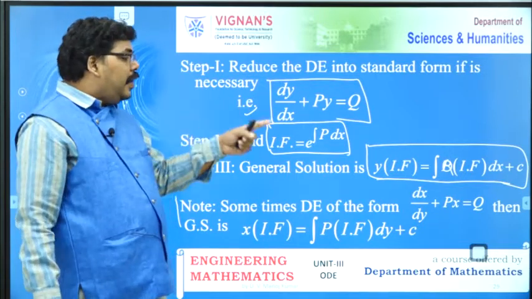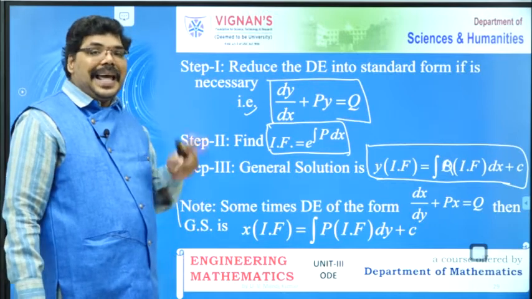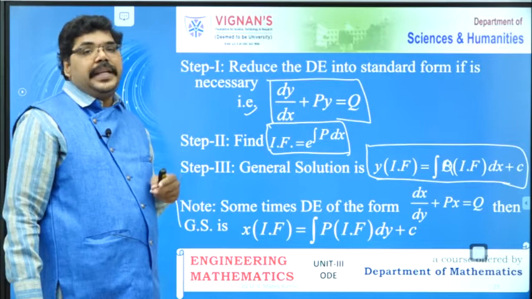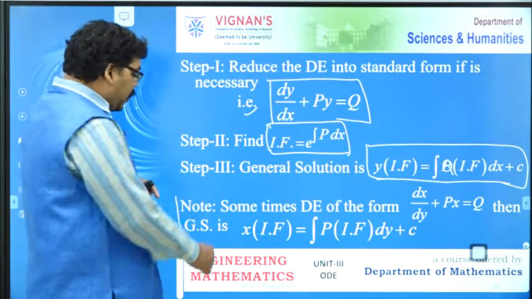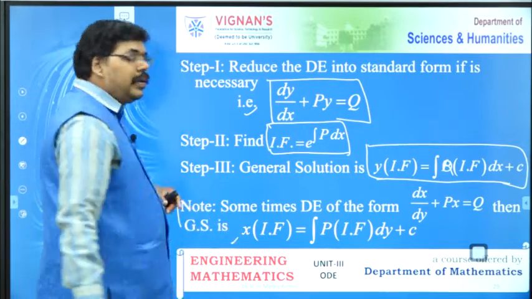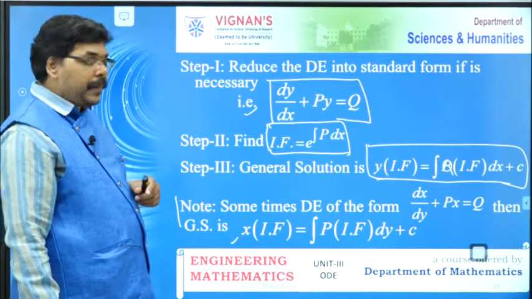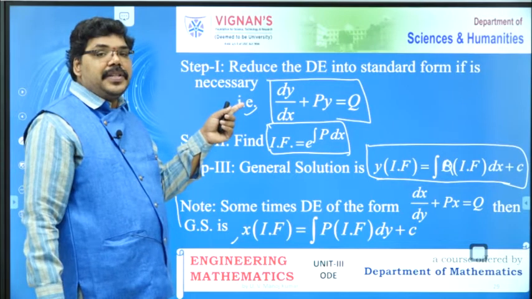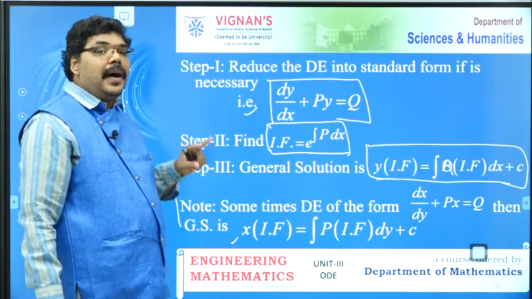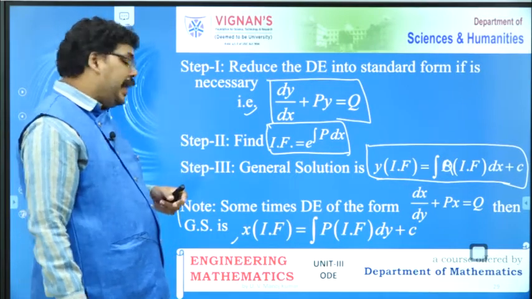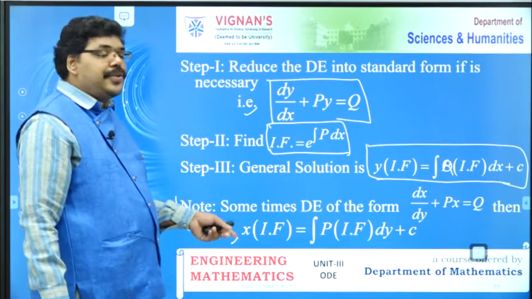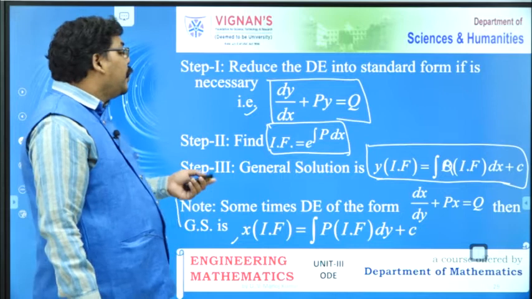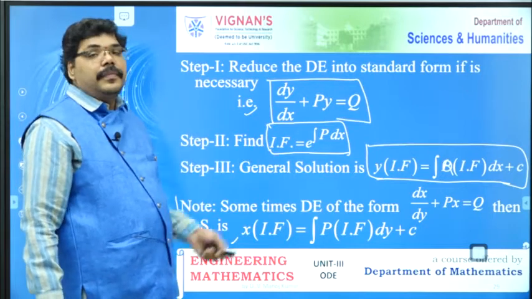So, if the differential equation is like that, after interchanging x and y, it reduces into linear, then the general solution is also given here. So, when the given differential equation comes into linear after interchanging x and y, the general solution is given here. Okay. So, you remember these three.